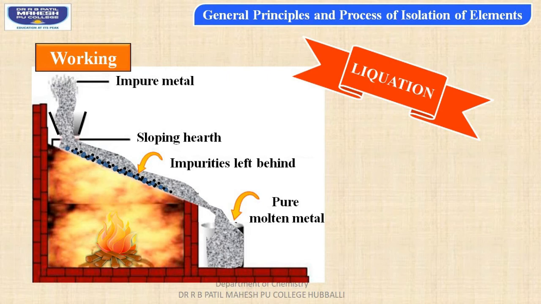In this way, students, we can very easily separate the impurities from the pure metal, as our pure metal has a lower melting point in comparison with the impurities which have a higher melting point.